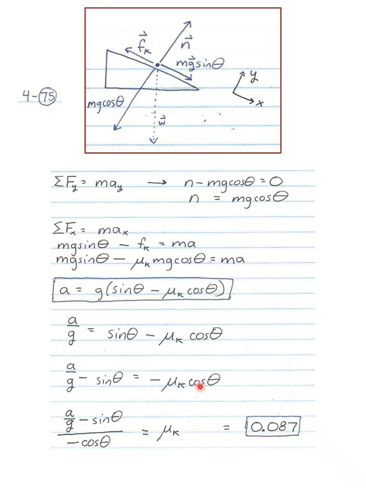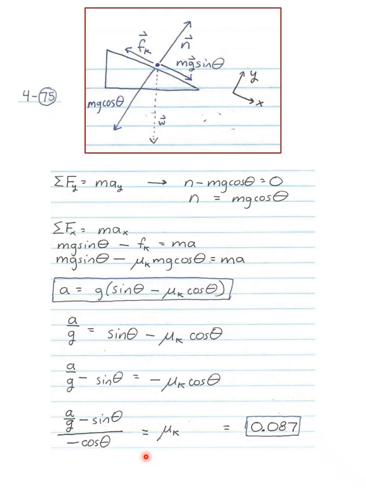So I'll subtract sine theta from both sides. Now I've got a negative mu sub k cosine theta. I'm going to get rid of that by dividing both sides by negative cosine theta. So here we have mu sub k is a over g minus sine theta, divided by negative cosine theta.